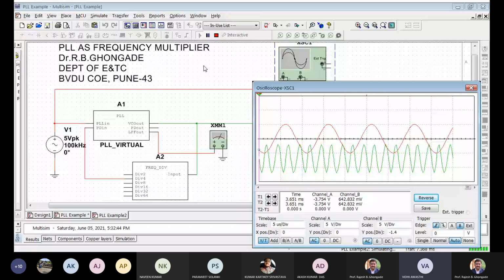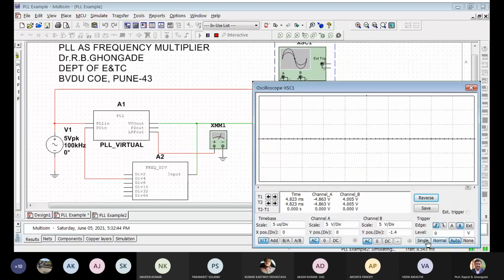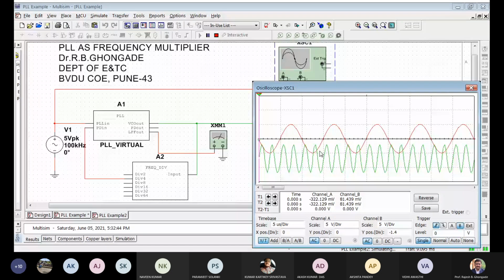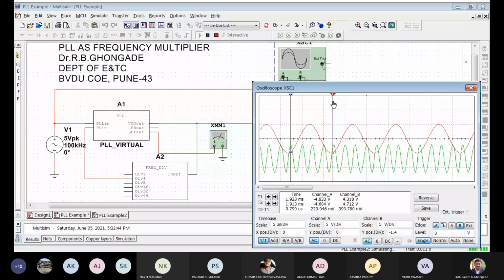Just let me freeze it. So here, it is 4 times the frequency. If you see, there are 4 peaks.